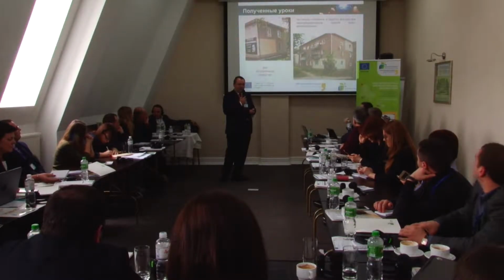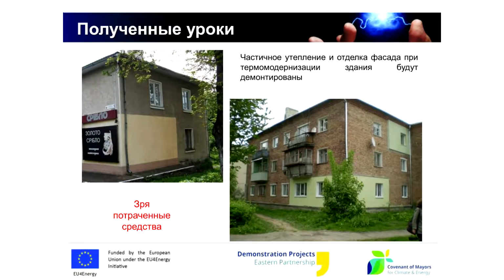Also, when we talk about complex projects on thermal refurbishment, unfortunately, those enterprises that have been done here, we talk about residential buildings, and this insulation was done by the residents themselves. So when we talk about complex thermal refurbishment, this insulator will be removed because we cannot do it without removing it. And in this case, the investments of the residents were spent in vain.